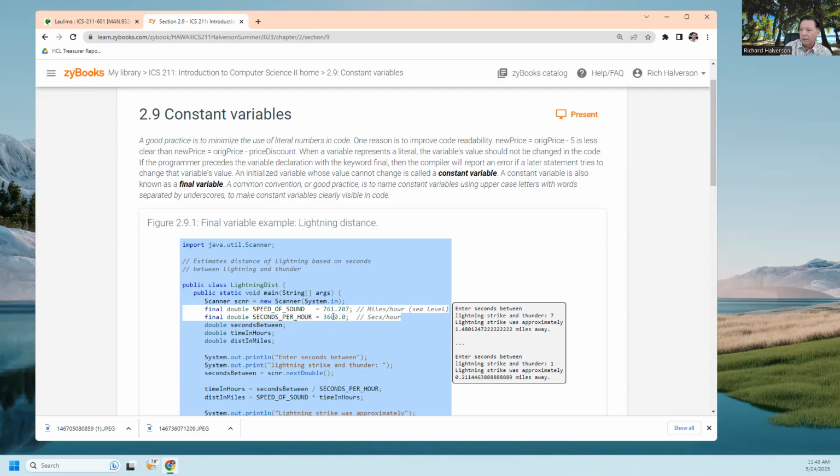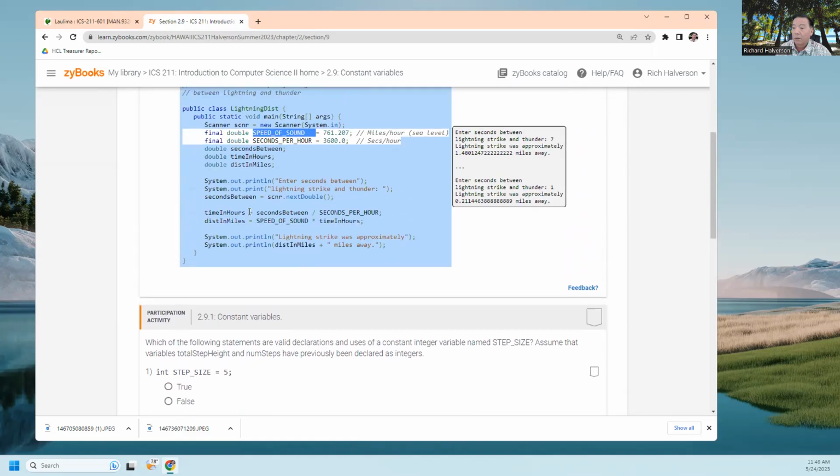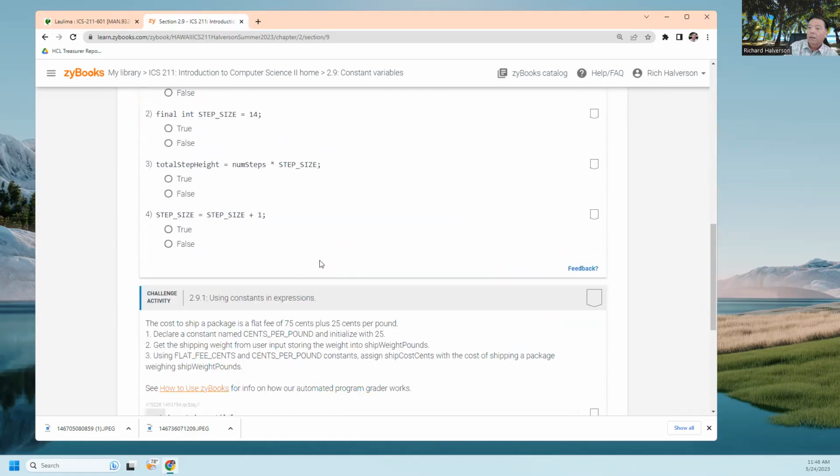The whole idea is that a final variable or a constant can only appear on the right side of an assignment statement. After it's defined, it cannot be on the left side of an assignment statement, which means you can't change its value. That's all. You put the type, but you put the word final in front of the type. Okay, so go through that.